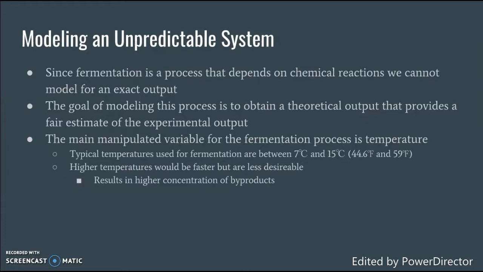So the goal is to create a model and a function that has a theoretical output that is close to what the output in real life is going to be. There are a lot of different variables that come into play in fermentation, but the main one is temperature.